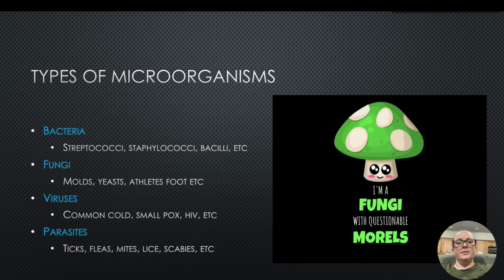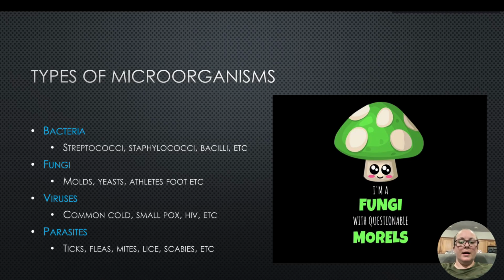Right, there's a bunch of types of microorganisms, and we did go over this in communicable diseases. I hope you guys all enjoyed my humor over here with my little fungi picture. Different types of microorganisms would be your bacteria, that'd be your strep, your staph, bacilli.